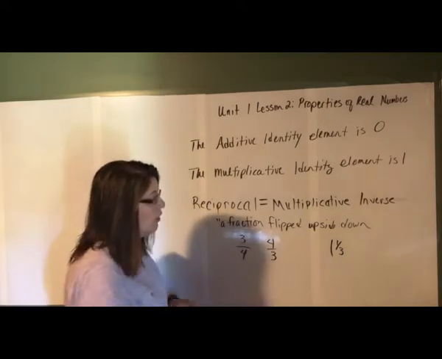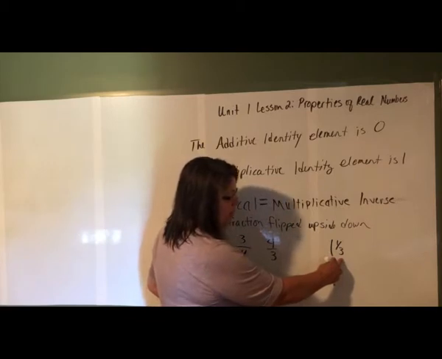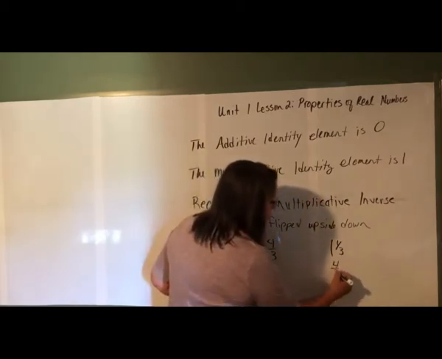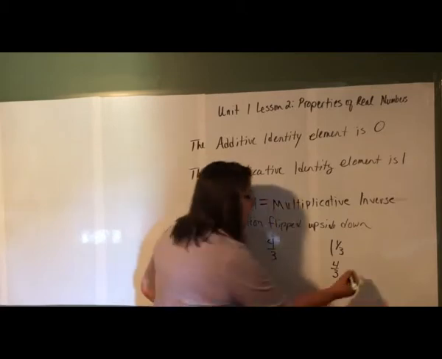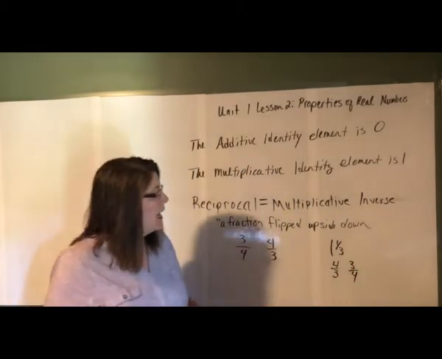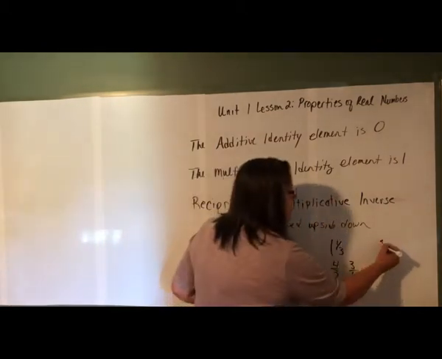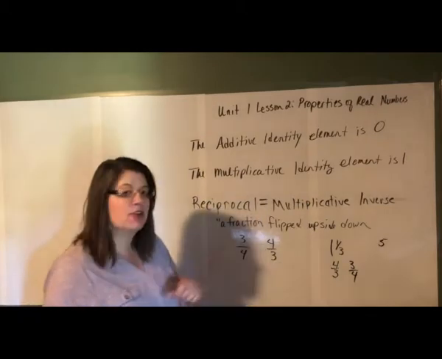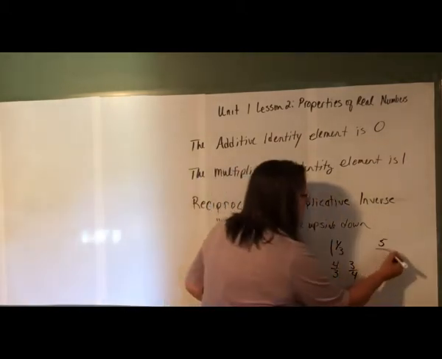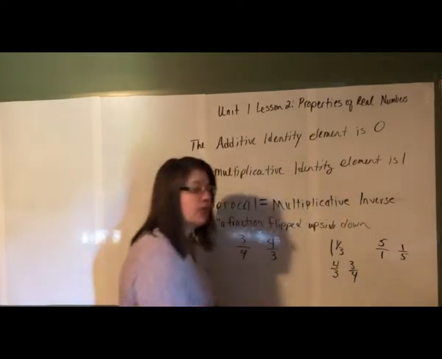That would be completely wrong. You would have to convert that to an improper fraction, which would be 4/3, and then the reciprocal of that would be 3/4. If you have a whole number, something like the number 5, 5 is understood to be 5/1, so the reciprocal of that would be 1/5.